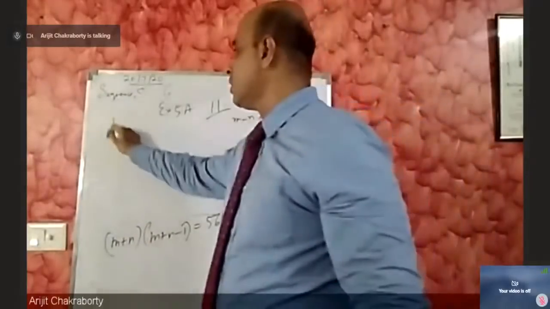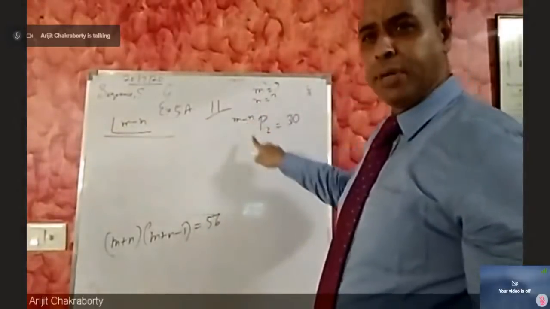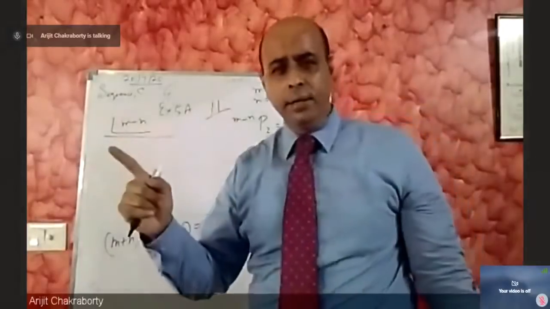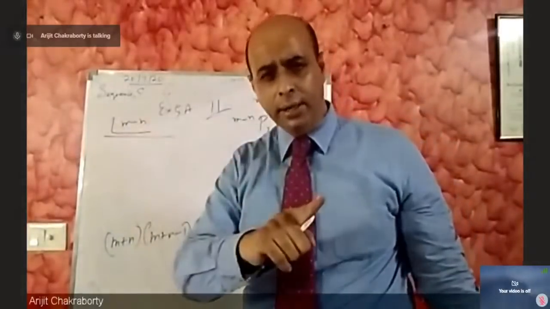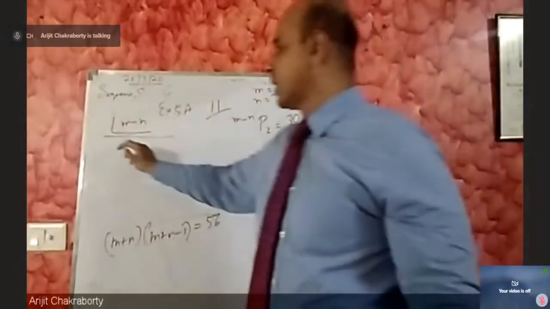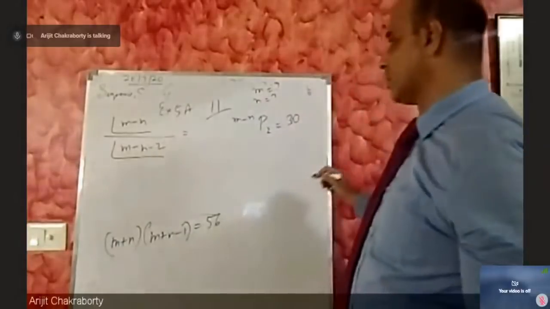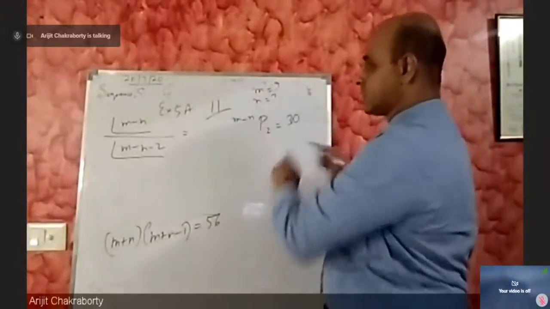So this gives me (m−n) factorial divided by (m−n−2) factorial, equal to 30.